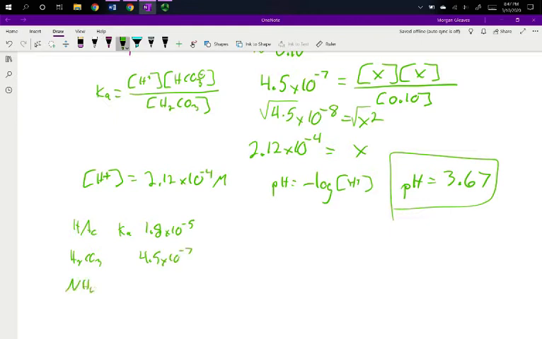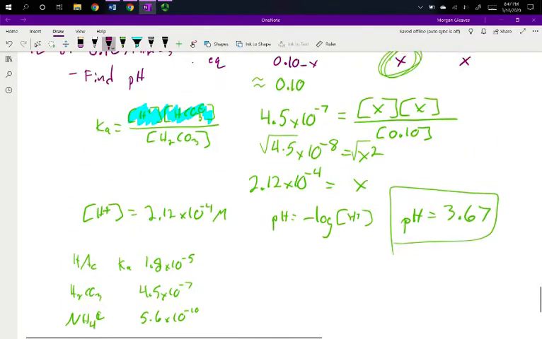And our ammonium was 5.6 times 10 to the minus 10. And so the bigger the Ka, the more acidic, because the more we'll have on top, which is our H plus and our base. And so we'll leave more H plus around if we have a higher Ka.